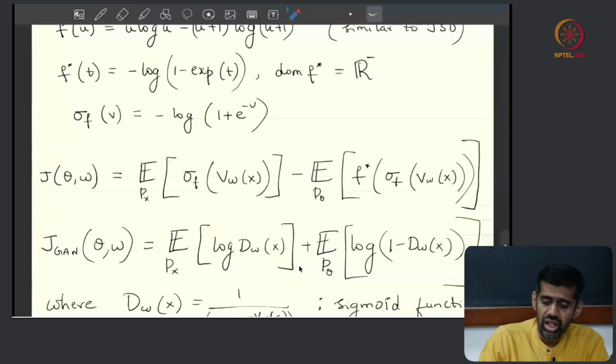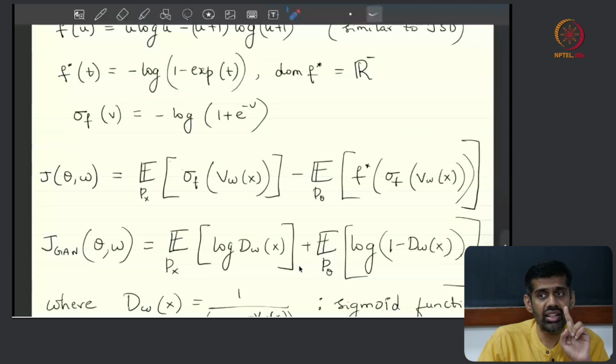Now, if you plug all these equations into our objective function and do some algebraic manipulations, the objective function will take this particular form: expectation of log of D_w of x with respect to p_x, and expectation of log of 1 minus D_w of x with respect to p_theta, where this D_w of x is 1 by (1 plus e power minus v of x).